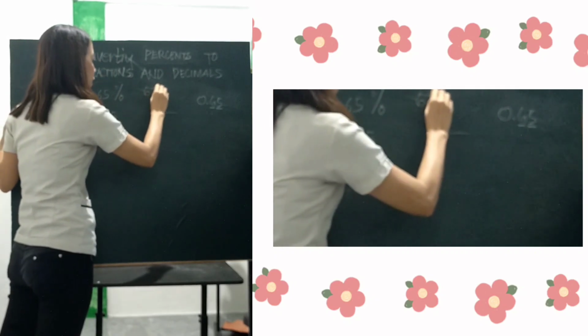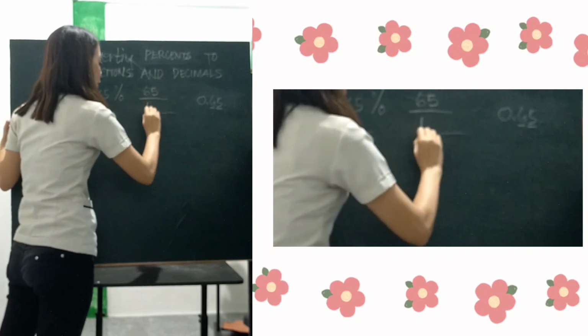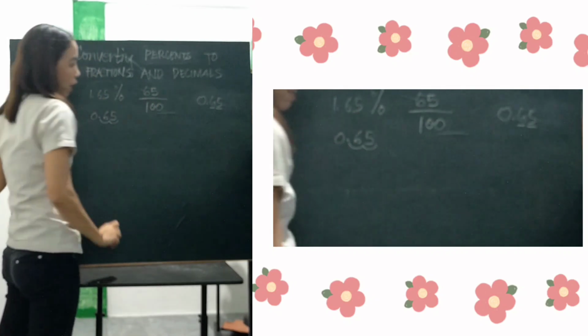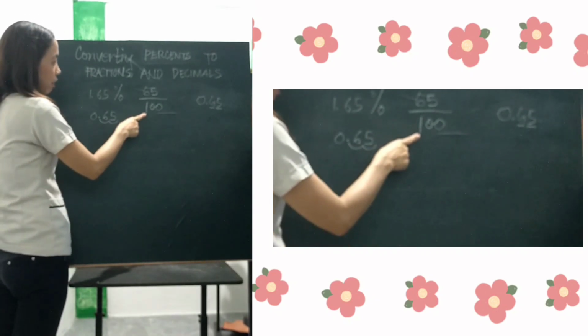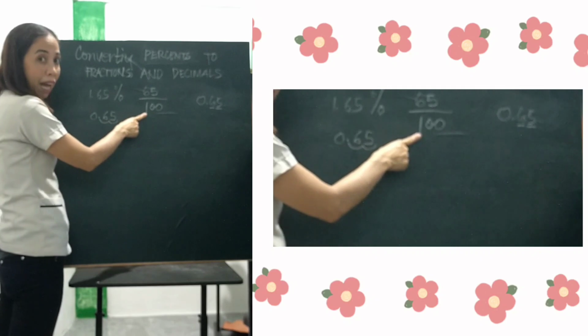So that is 65 over 100. Okay? So is this divisible by 5?